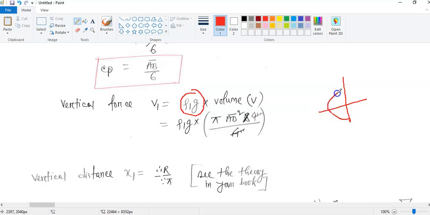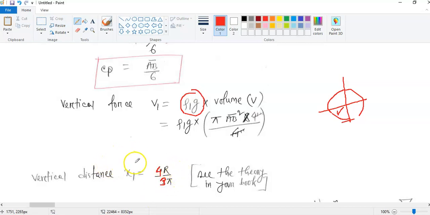We have 3 more, so into 4, and 4 is from the formula for the volume, and we divide by 4 because we are considering only this first quarter. So eventually you can eliminate this term 4. Now the important thing, guys, it will be 4 and it will be 3.